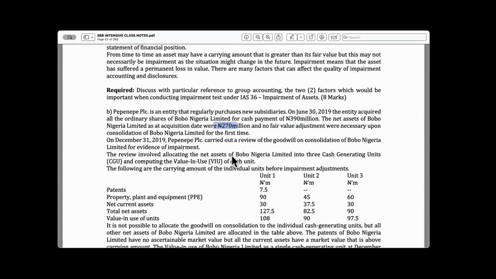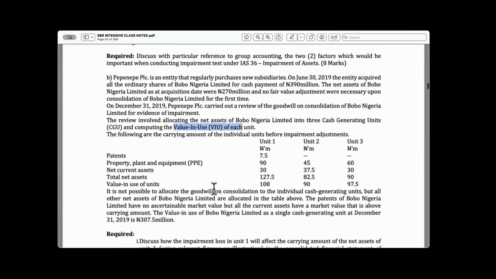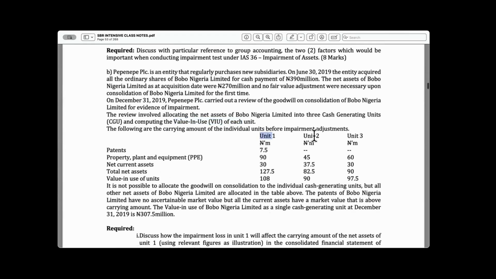So they allocated the assets of Bobo into 3 CGUs so that they can get their value in use. So they give us details of the 3 CGUs that they allocated Bobo's assets into. So patents, PPE, and all of that.